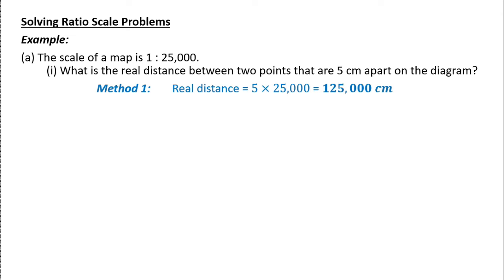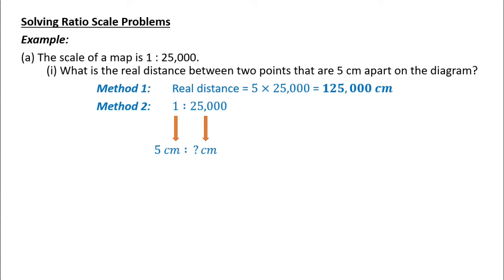Now, if you cannot think of this method, there's another method using the ratio scale. Method number two: we're going to use the ratio scale 1 to 25,000. Here, 1 is now 5 centimeters from the ratio, because we are given that the distance on the map is 5 centimeters. So how long is the distance in real life?